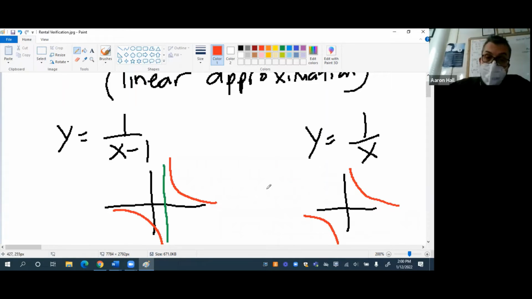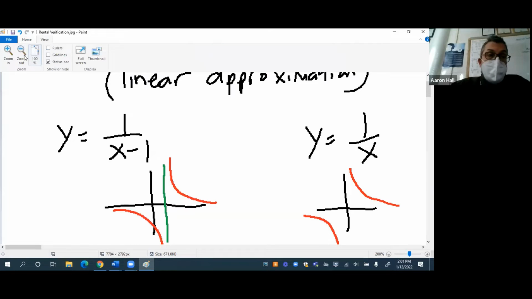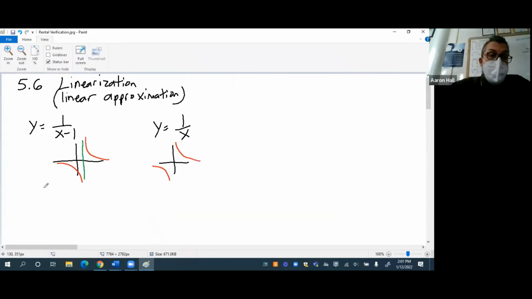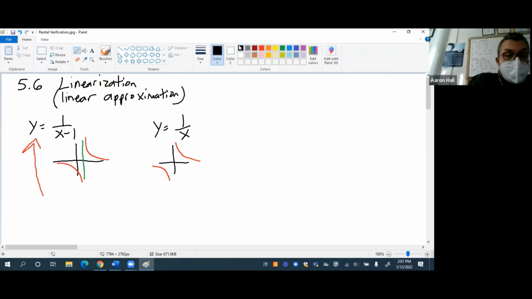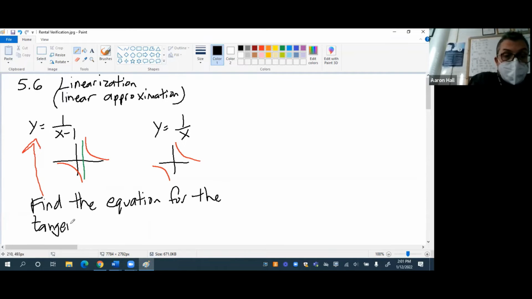Now, what I want to do is find the equation for the tangent line when x is -1. So for this graph right here, I want to find the equation for the tangent line at x equals -1.